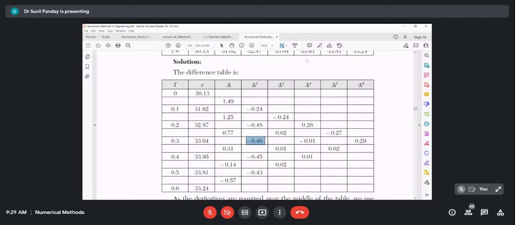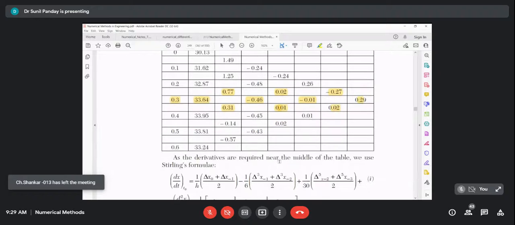Because you know that when we are using the central difference formula, like the Stirling formula, these values are important to us, because this is t naught and the corresponding x naught, this is delta of x naught, this is delta of x minus 1, like this. These values we require, and this is the formula for the derivative at x naught, at the center or middle point of the table, by using the Stirling formula.